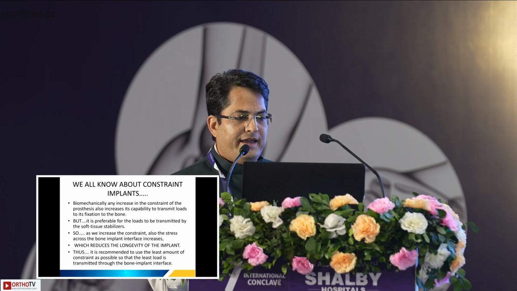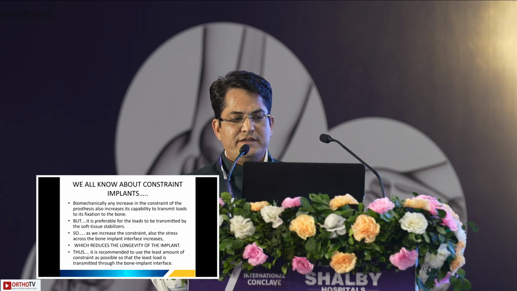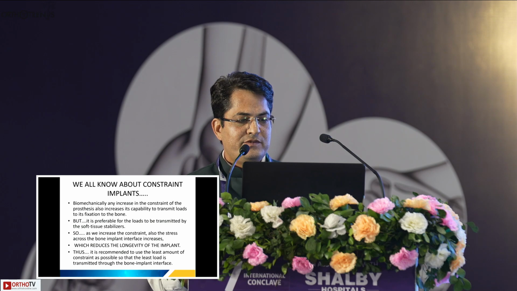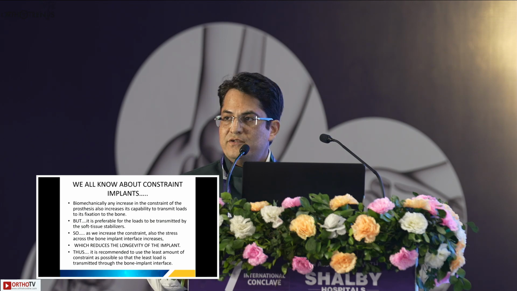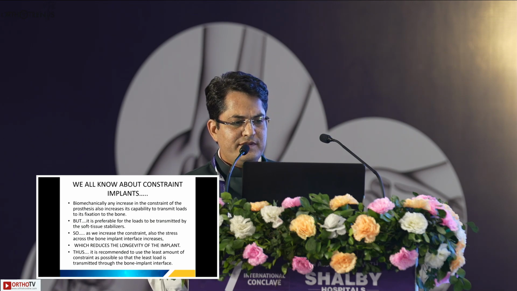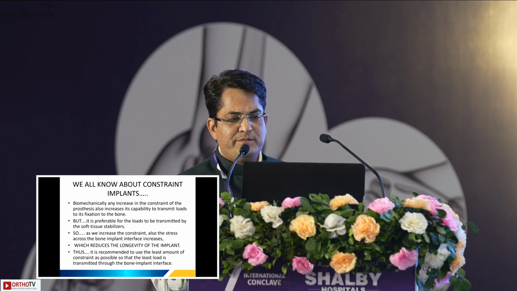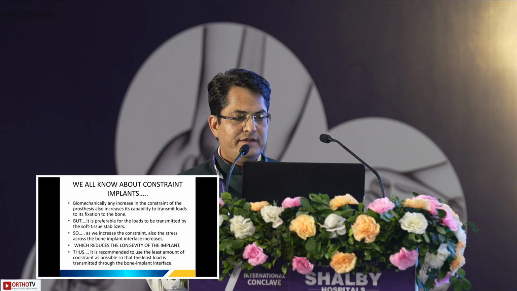As we increase the constraint, we also increase the stress at the bone and implant junctions, and it reduces the longevity of the implants. Thus, it is recommended to use the least amount of constraint possible.